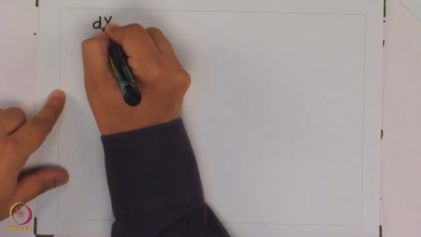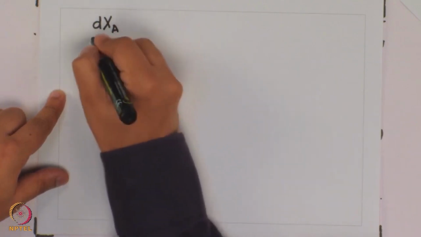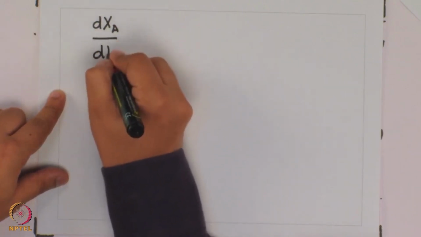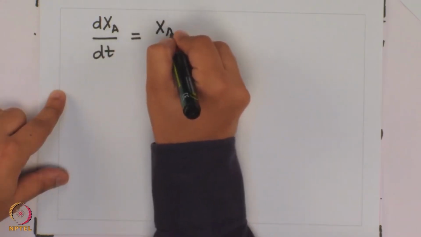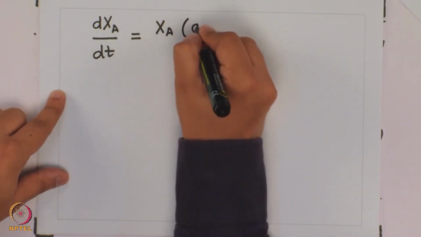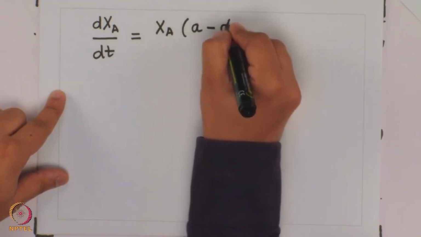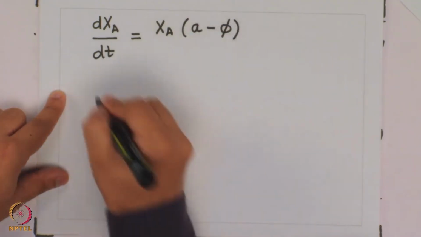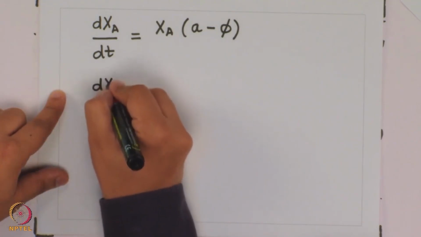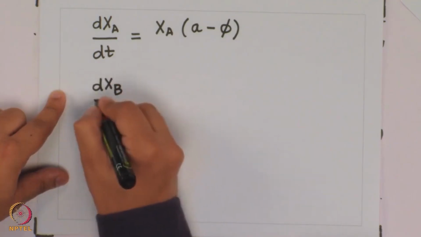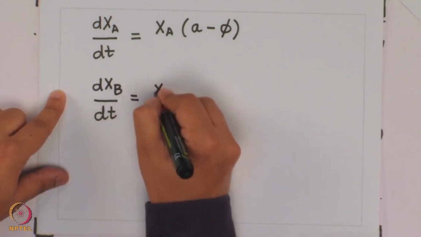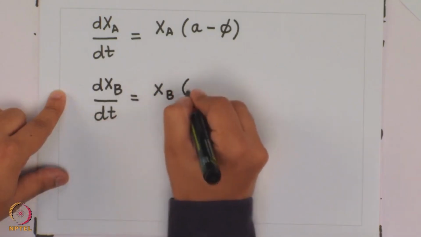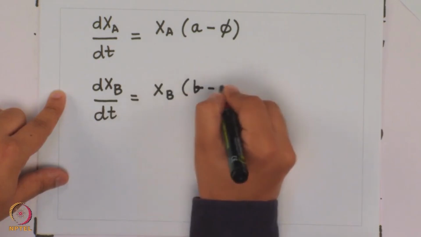So, now I am interested in dXa by dt equals Xa times (a minus phi), and dXb by dt equals Xb times (b minus phi).